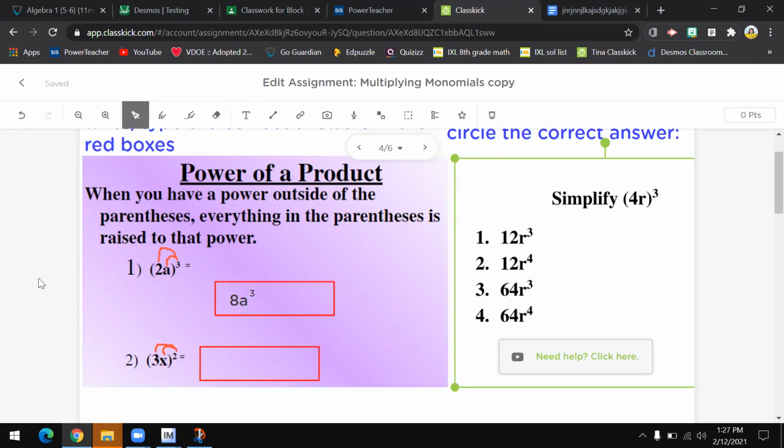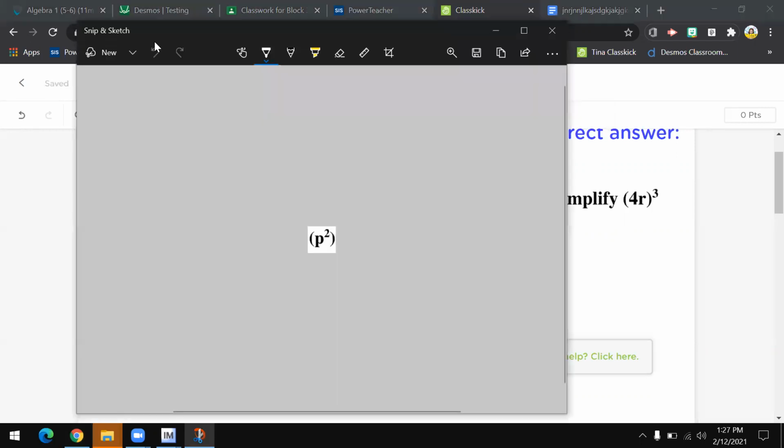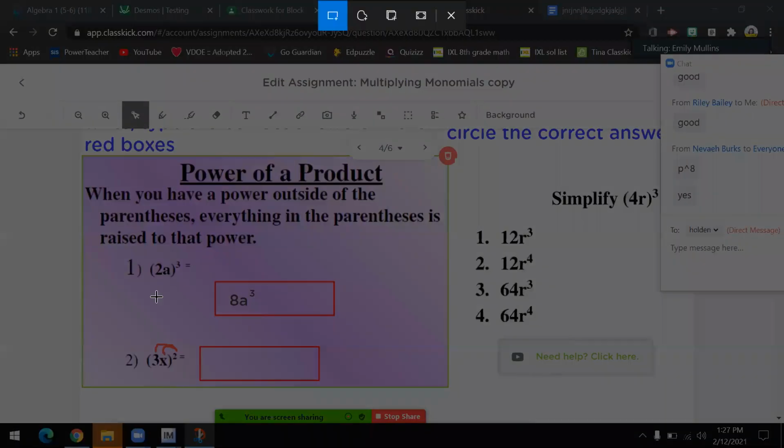Okay. Does this make sense? It's just saying both of these things have to be cubed. And like I was just saying a minute ago, if you use that same logic, I'll use my snipping tool again.